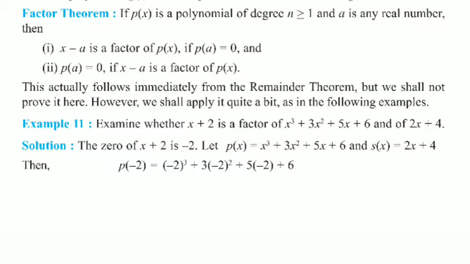In simple way you can say, if x minus a is the factor of given polynomial, then p(a) is equal to 0. In another way, if p(a) is equal to 0, then we can say x minus a is the factor of given polynomial.